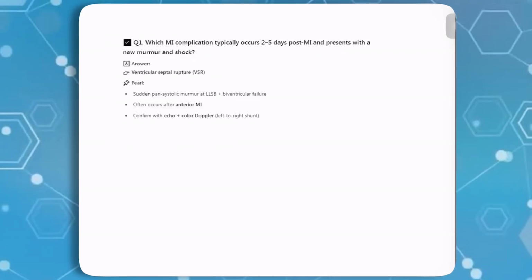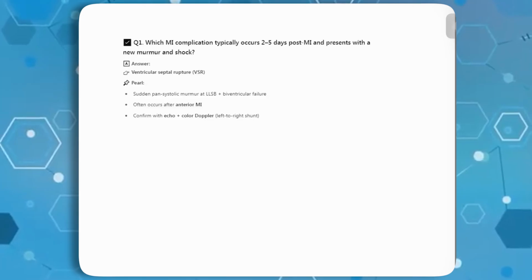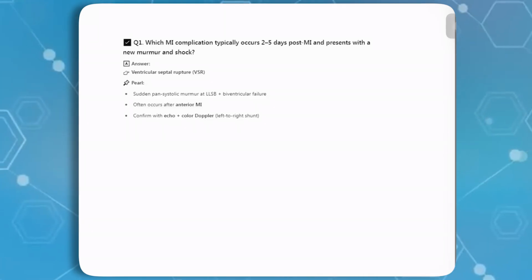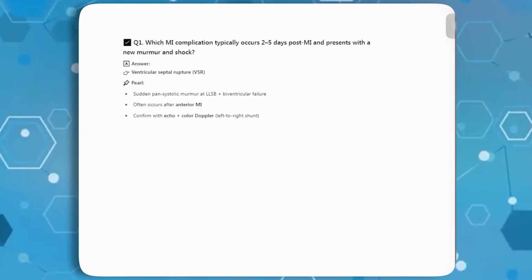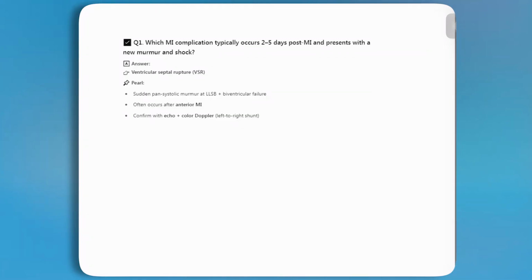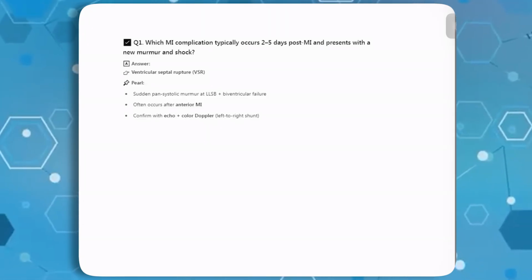Answer is VSR, although papillary muscle rupture can also present with the same. But usually if the patient has a mitral valve papillary muscle rupture, it will lead to pulmonary edema; shock may or may not be there, but a VSR patient will always be in shock. A sudden pansystolic murmur will be there.